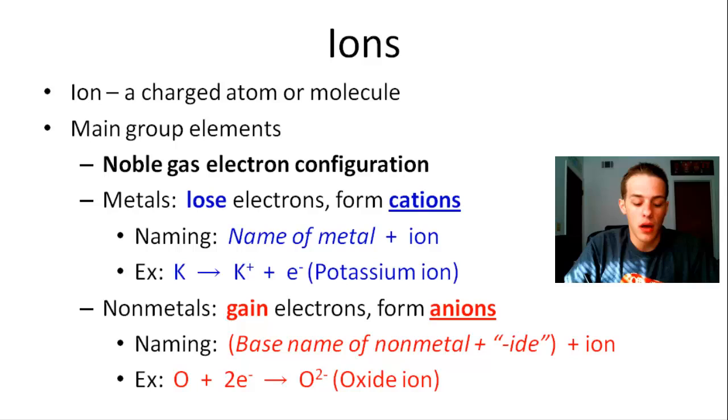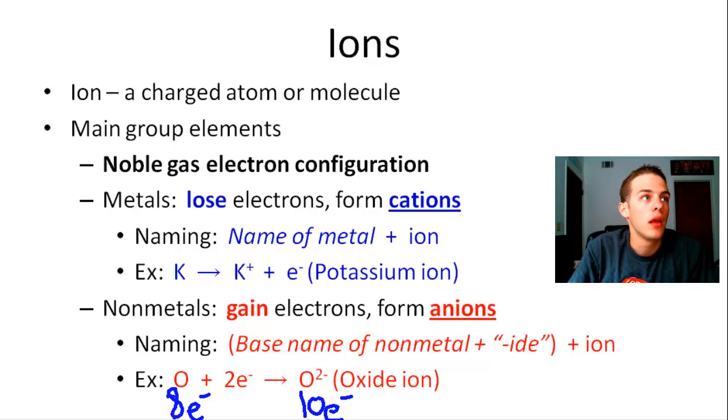Oxygen has 8 electrons, because it's number 8 on our periodic table. It'll gain 2 electrons and get 10 electrons, which is the same number of electrons as neon. So again, these main group elements are trying to achieve what's called a noble gas electron configuration.